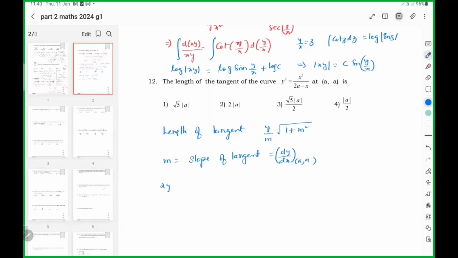Once you differentiate the curve, 2a minus x into x derivative 1 by, so calculating the derivative at the point a comma a, 2a minus a plus a cube by 2a minus a square.